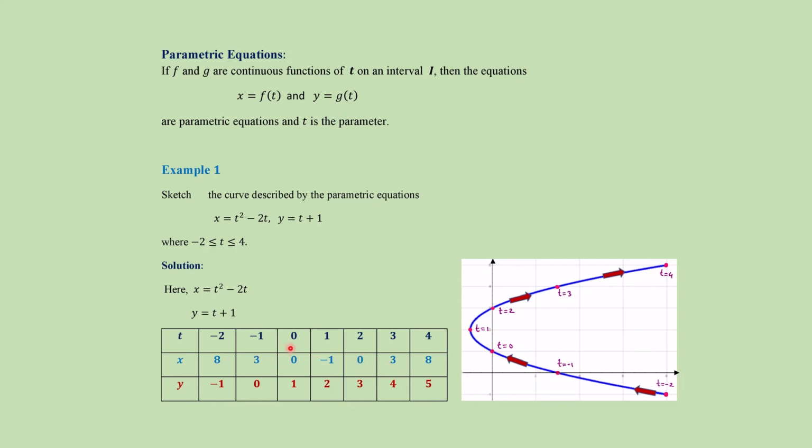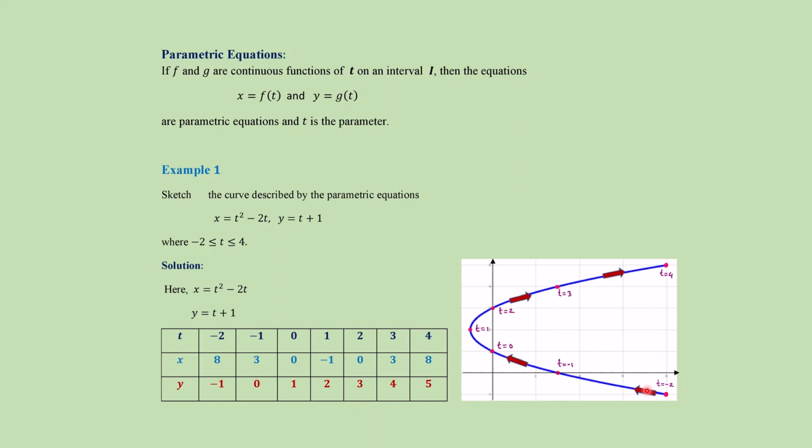And when t is 0, x is 0 and y is 1. So if we take these points, we will get several points, and if we join them together, then we will get this graph. For a parametric equation, you need to mention the direction.